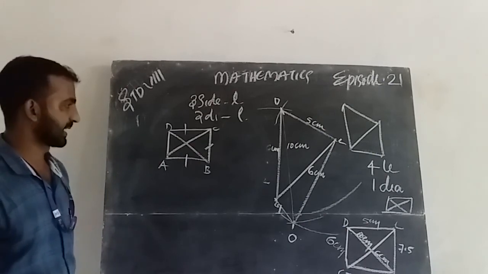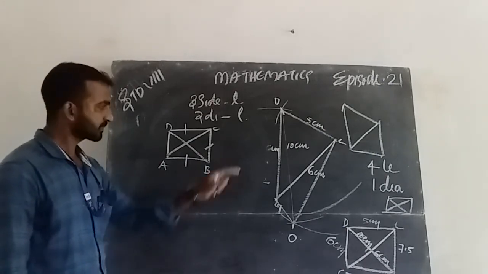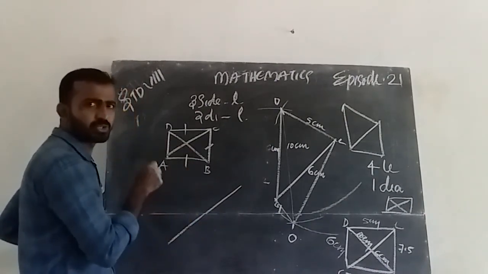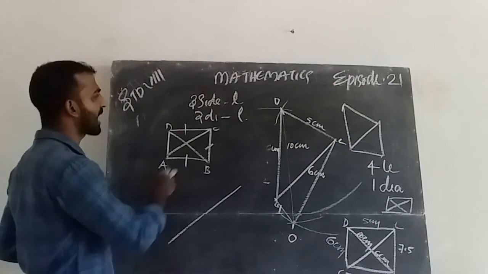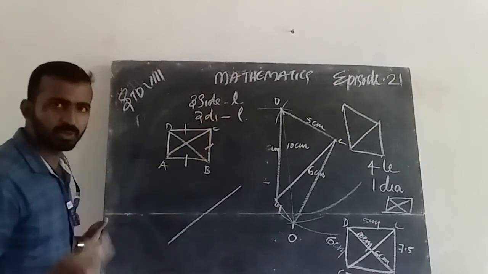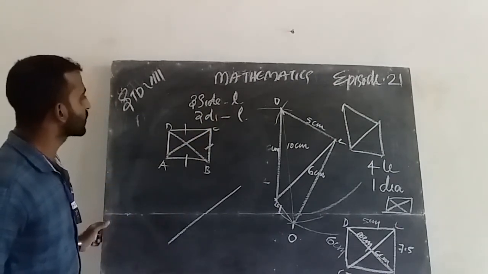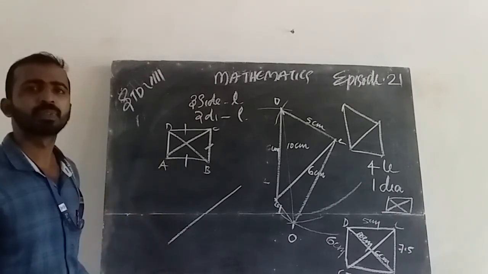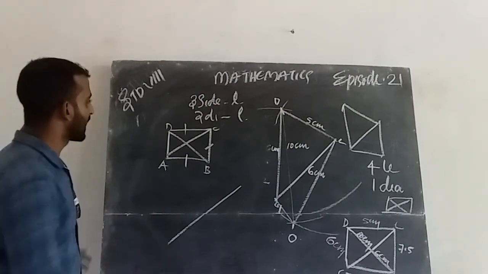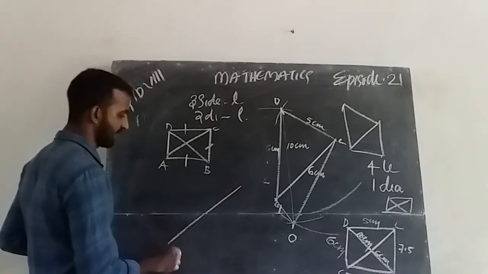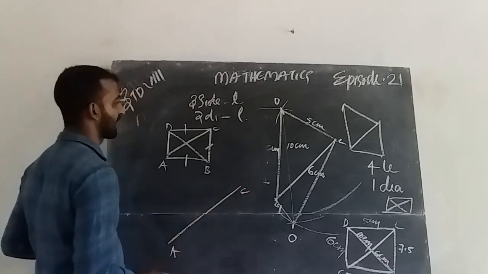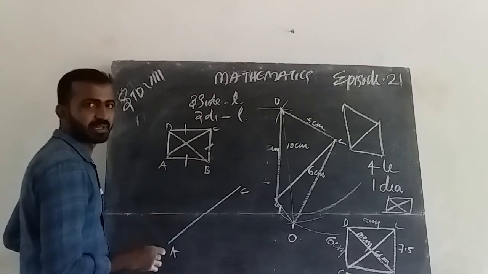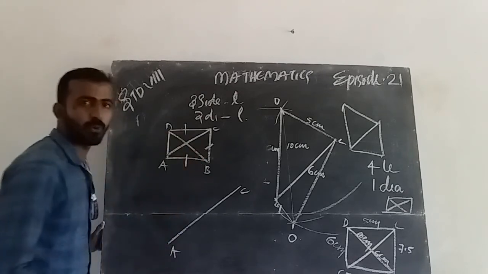Is it? Yes. Which way do we draw? First, we draw a diagonal, any diagonal as you like. If you like to draw the diagonal AC first, okay, no problem. If you like to draw BD diagonal first, that is also right, no problem. Here we draw diagonal AC first. Two sides are known.